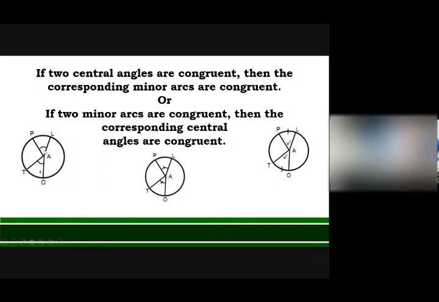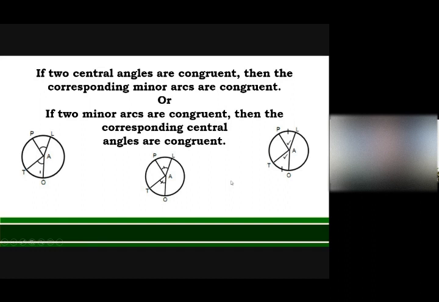So if those two central angles are congruent, yung arc PL natin is also 50 and arc TO is also 50. Diba? Last time sa central angle, kung ano ang value ng ating central angle, this is equivalent to the value of its intercepted arc. Okay? Kaya kung ito ay 50, yung arc PL natin ay also 50. Kung ang TAO ay 50, yung arc TO natin ay 50 also.